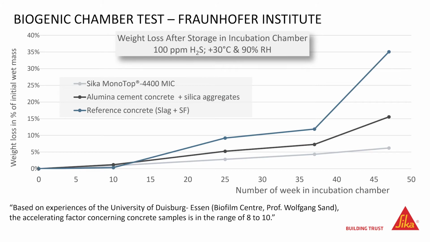These curves are extracted from the previously mentioned Sika commissioned report, made by the Fraunhofer Institute in Germany. The curve with good quality concrete using slag and silica fume shows heavy deterioration. The curve with alumina cement, but the sand being silica, resists better but nevertheless is severely attacked.